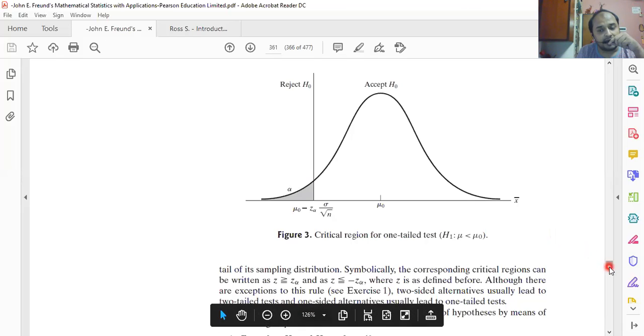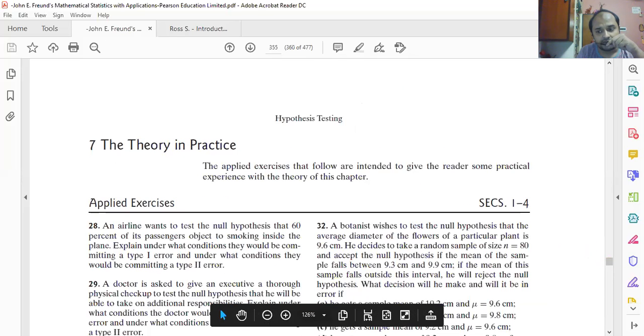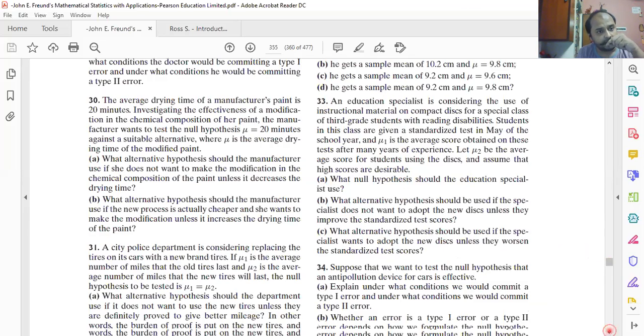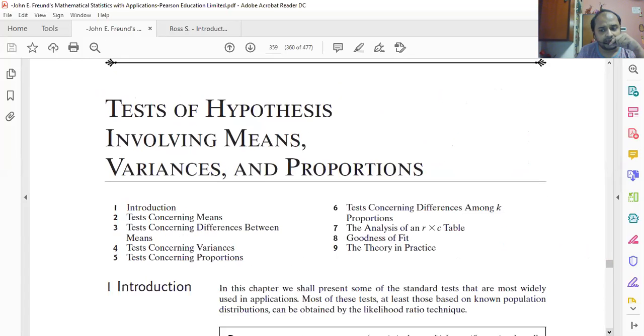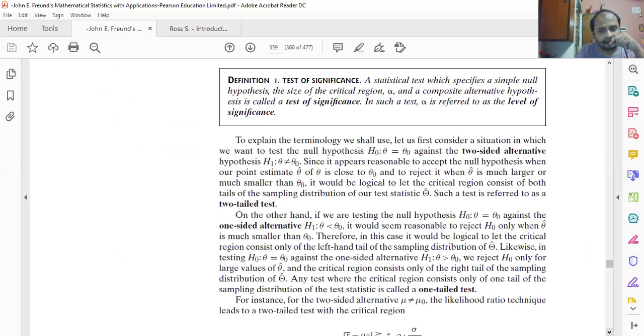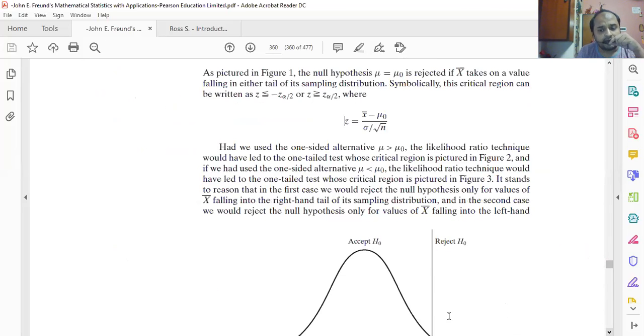And a similar thing happens when we consider the one-tail test of greater than type. So in that case, let me show you the page first of all, because this cursor movement is so sensitive that if I don't do it carefully, then this happens.